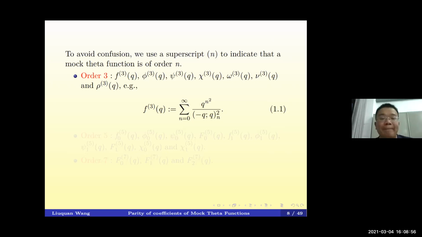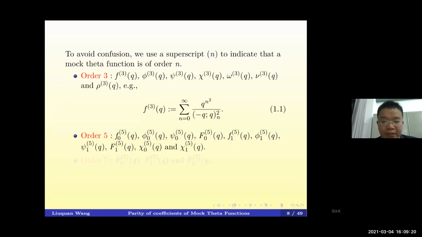So based on the original notation, I will use f^(3)(q) to denote the 3rd order mock theta function f(q), and the other notations are similar. In Ramanujan's original definition, this is given by equation 1.1, a q-series of the Eulerian form. Similarly, there are several mock theta functions of order 5 and some functions of order 7.